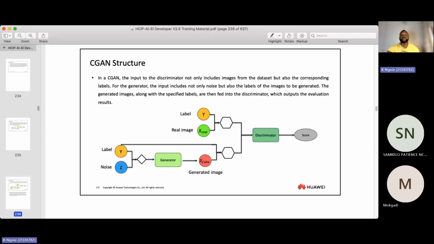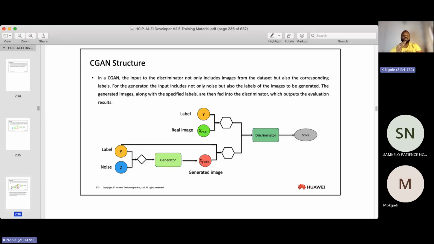All right, so this is used in applications such as image generation by class, where we generate maybe digits. We give a condition that it needs to be from this number to this number. You can also do image-to-image translation, where you can convert sketches to photos, or photos from day to night.